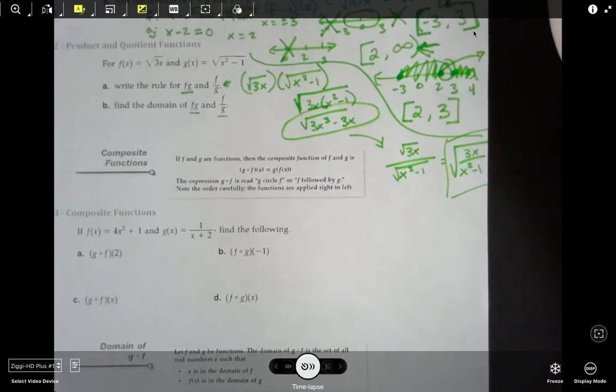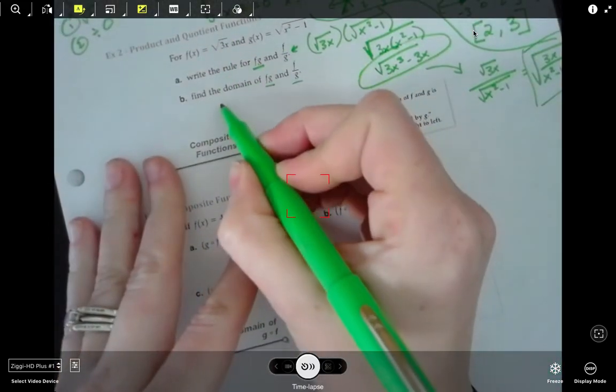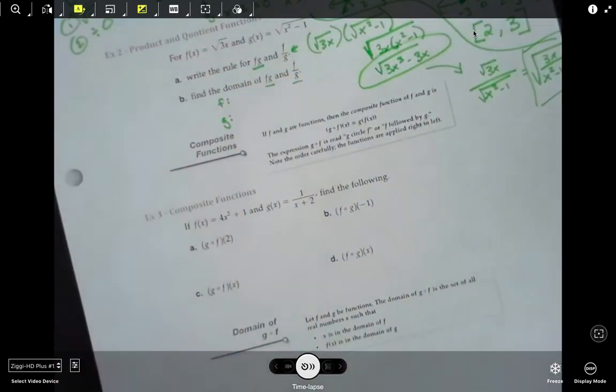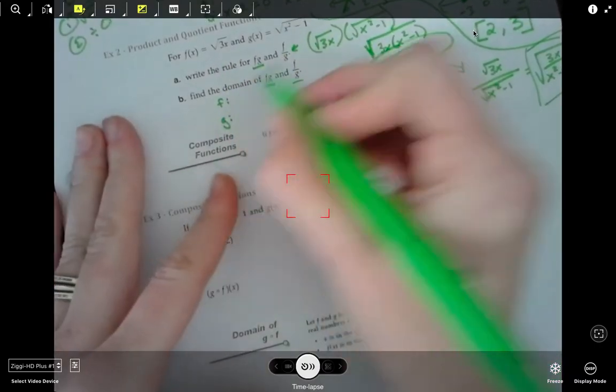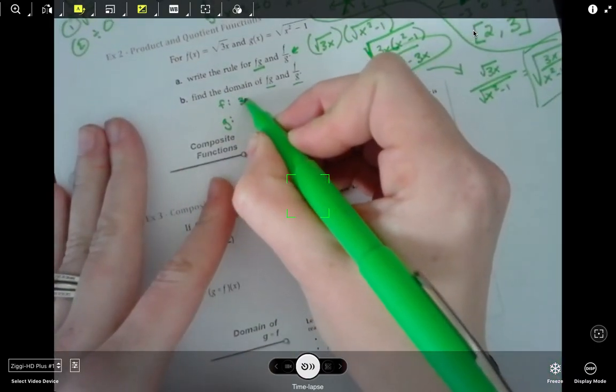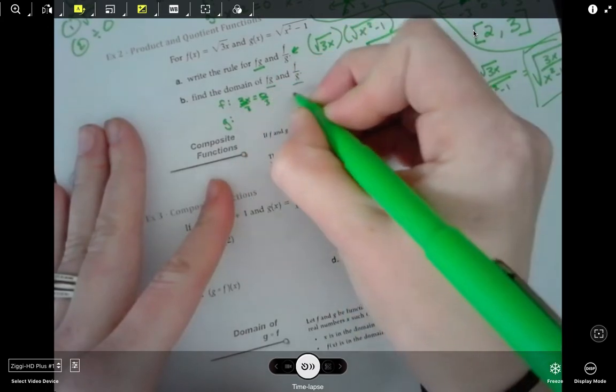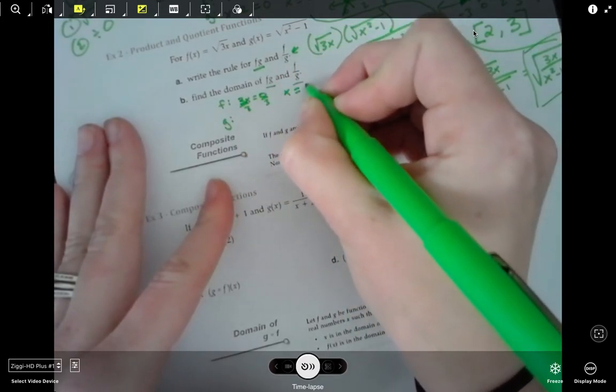Okay. So looking at f and g individually, 3x, if we set that equal to 0 and divide by 3, x equals 0 still.